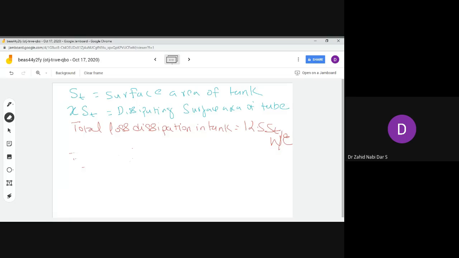Now the total loss dissipation we saw is due to the tube. Now we will go for the loss dissipation due to the tube.